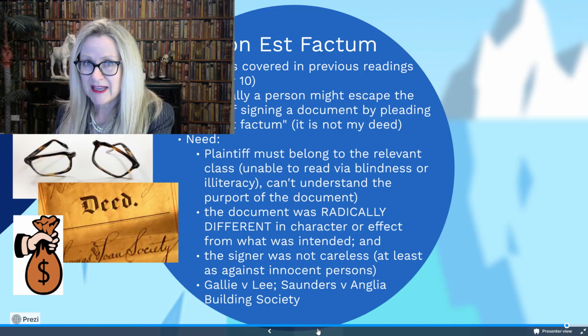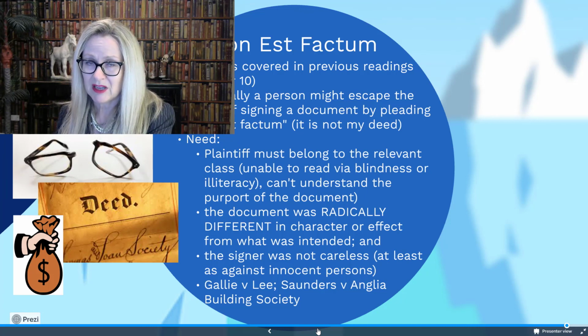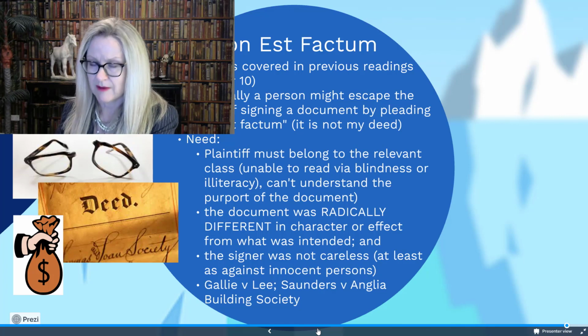There was no carelessness, so none of that McRae kind of fault that could be pointed at the person that has signed in error. At least as against, when you're up against the other party being a completely innocent person, you have to show a lack of carelessness. And if you can show those things, you may well have the court declare the contract void for non est factum. Have a look at the Gallie and Lee case there.